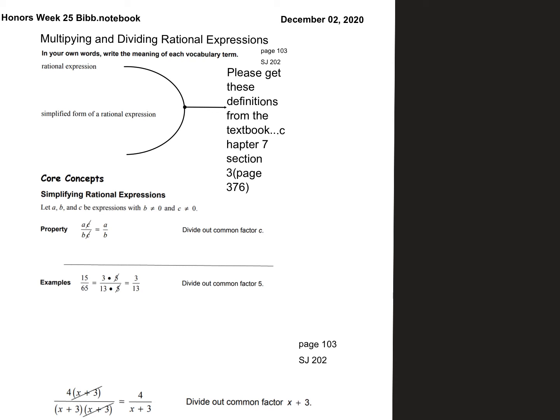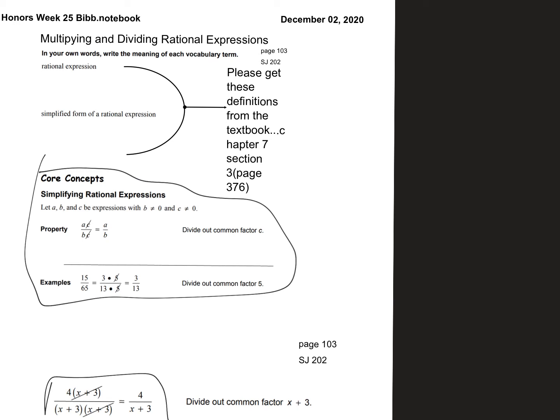So a rational expression would be a fraction expression that has variables in the numerator and/or the denominator, either one. If you look at simplifying rational expressions, looking at this first example compared to this example, you can only cancel out common factors if you have multiplication between them.